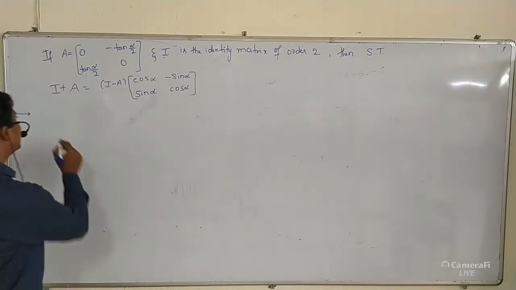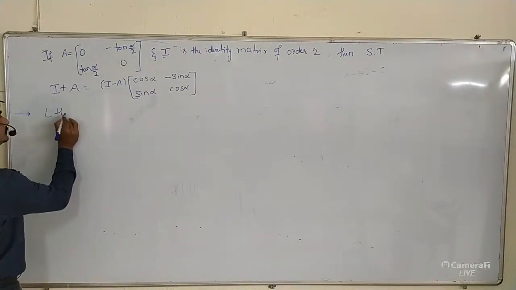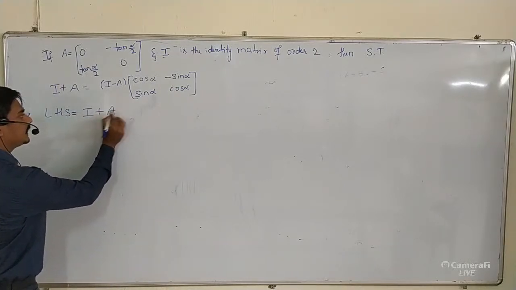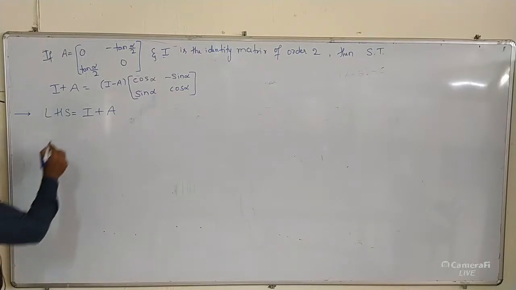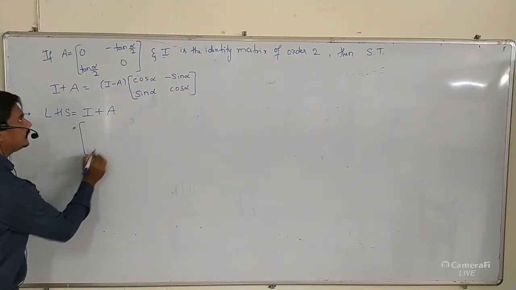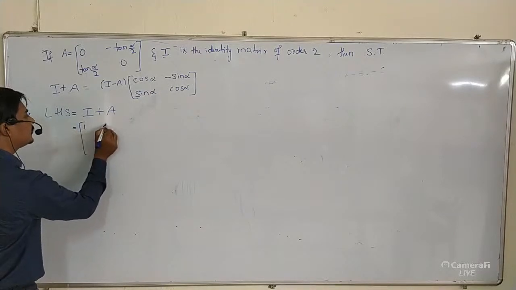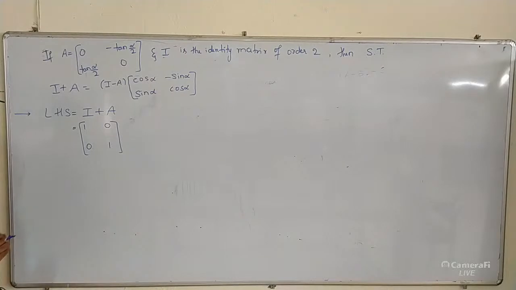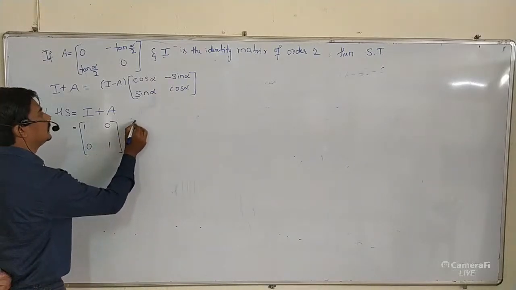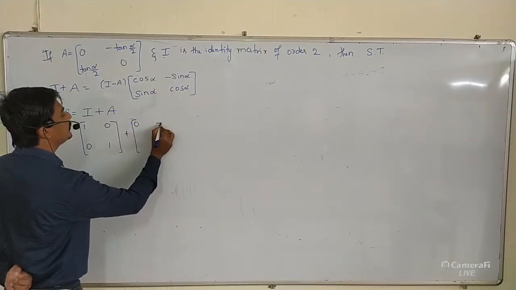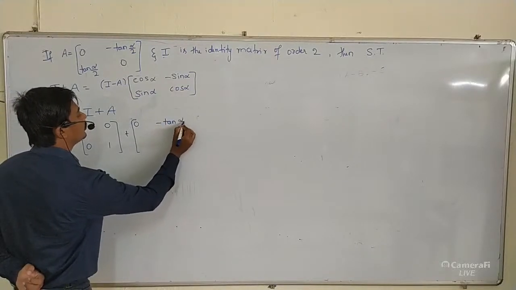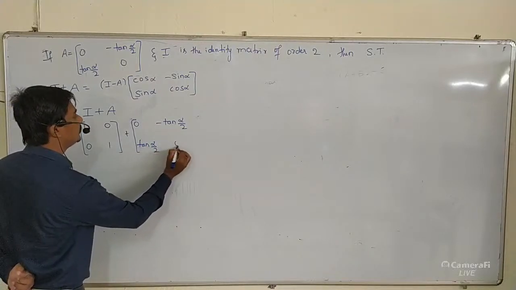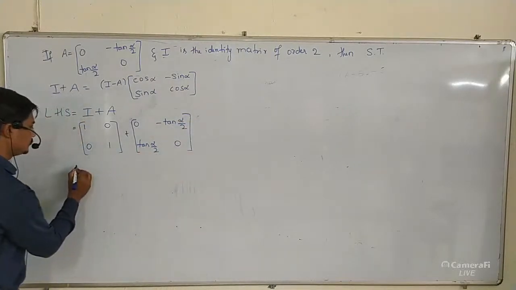Okay. So I will take left hand side. So what is left hand side? I plus A matrix. I is the identity matrix of order 2. So we write down I matrix as [1 0; 0 1] plus A matrix is already given to us [0, minus tan alpha by 2; plus tan alpha by 2, 0].